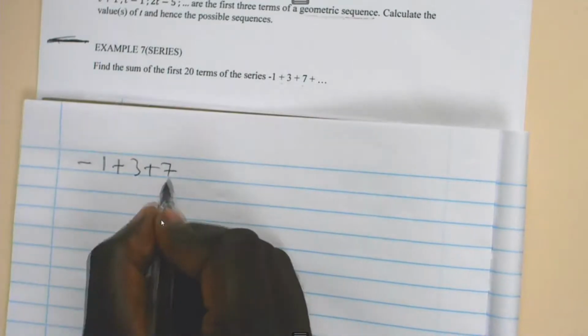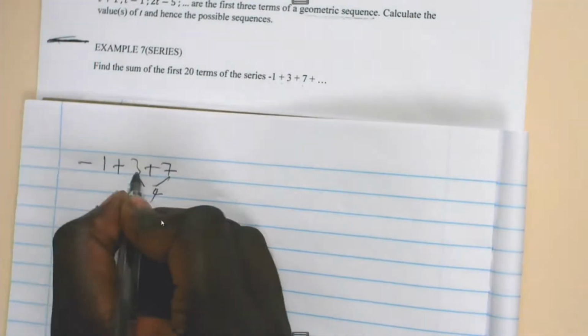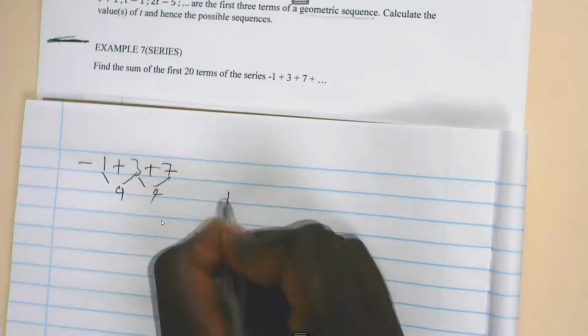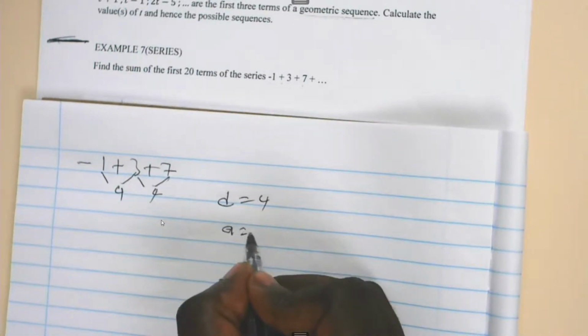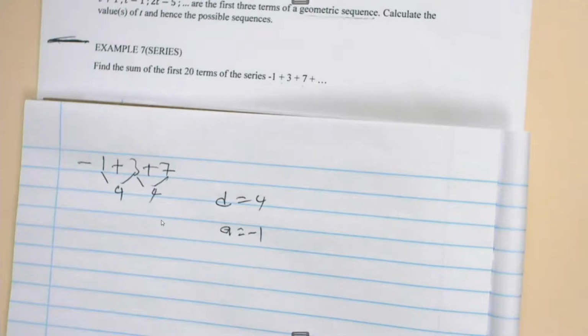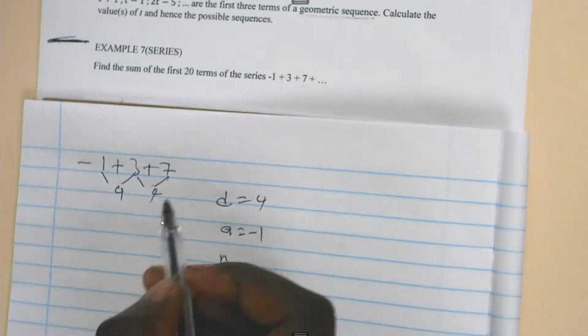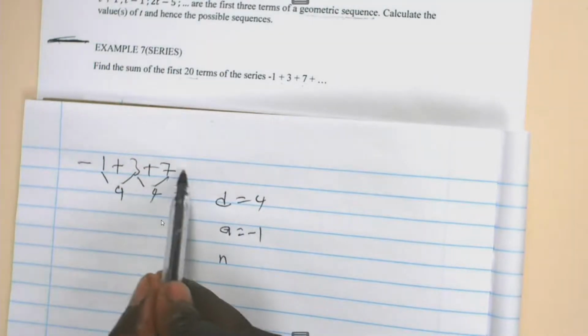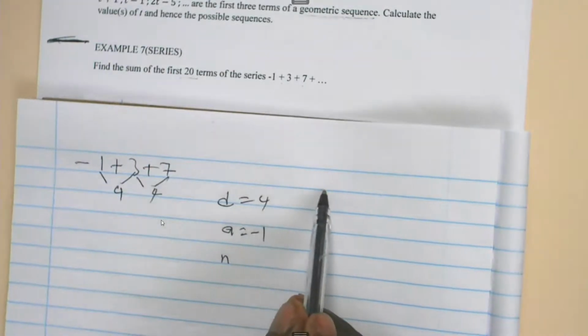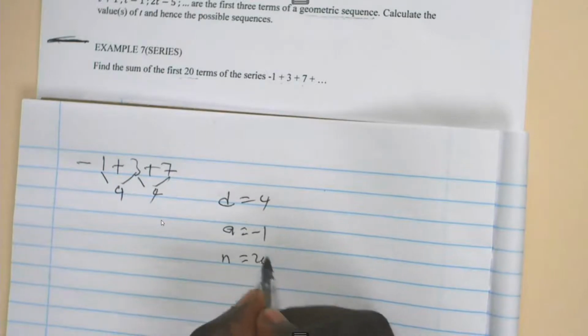Therefore, the constant difference there is +4. We have d equals 4. We have a, the first term, which is -1. We are told to find the sum of the first 20 terms, meaning that we add 20 terms. So n is 20.